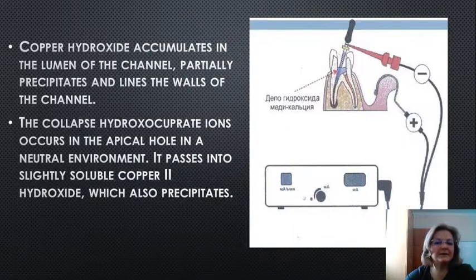Copper hydroxide accumulates in the lumen of the canal, partially precipitates and lines the walls of the canal. The collapse of hydroxycuprate ions occurs in the apical hole in a neutral environment.